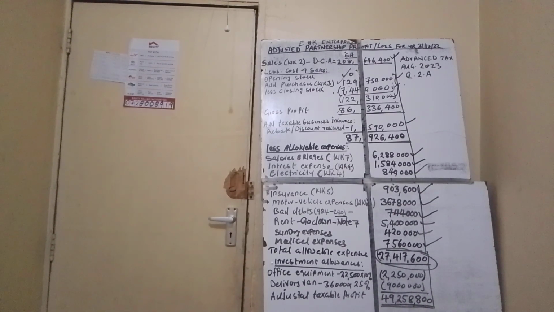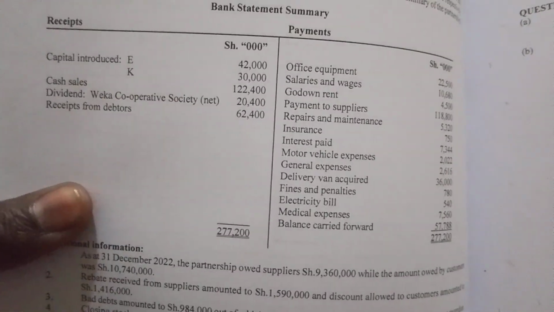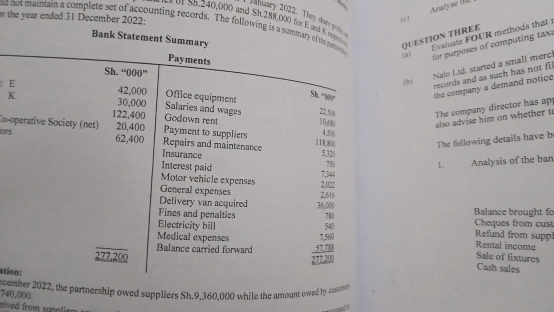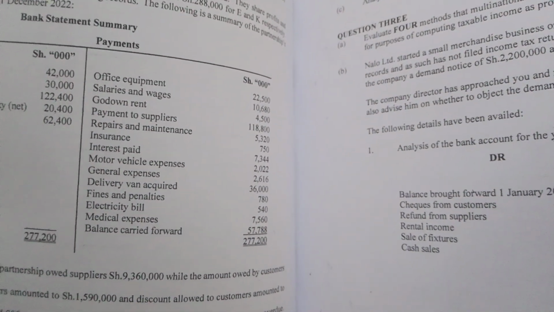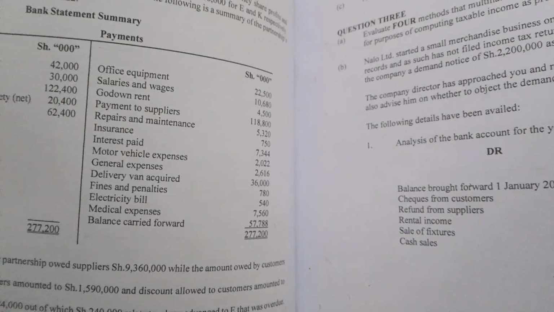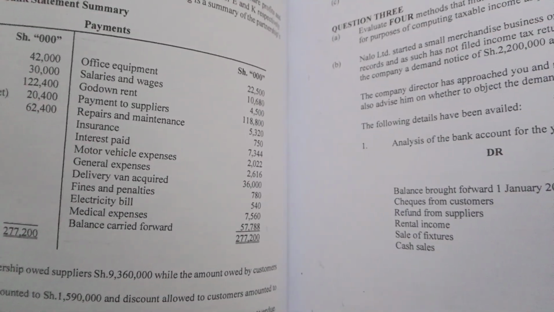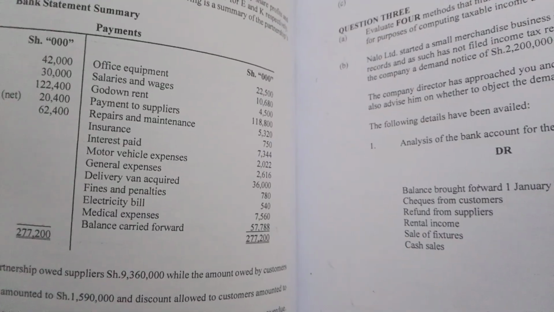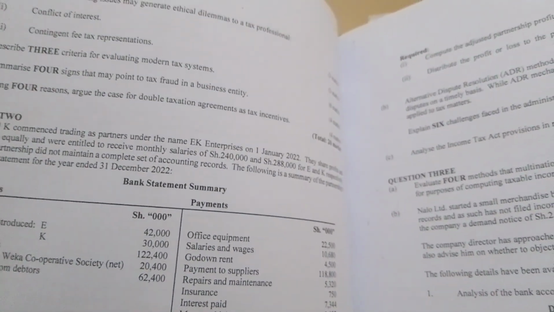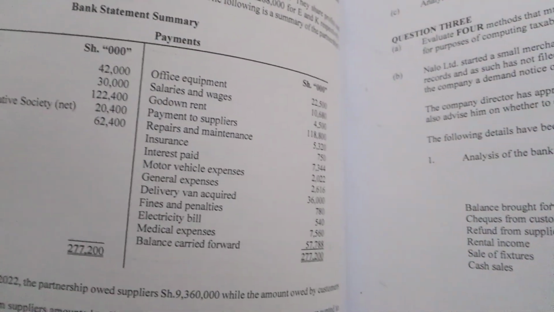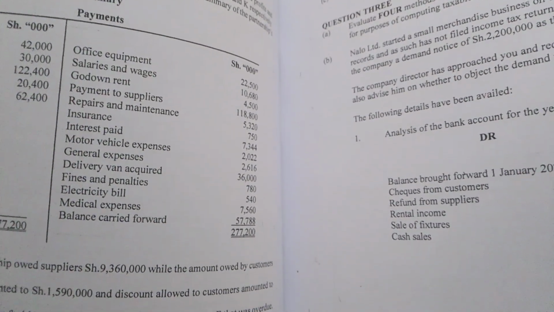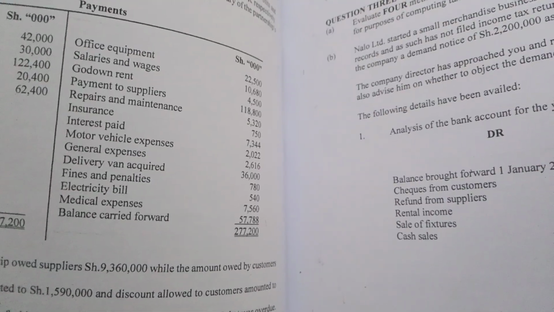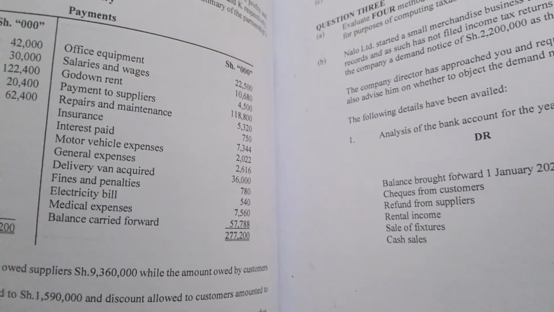So go to the credit side, identify delivery van acquired, that's 6 million. So the office equipment is the first item, 22,500,000. Office equipment, you can see it there, the first item. Then towards the end, you can see delivery van, that's 6 million.